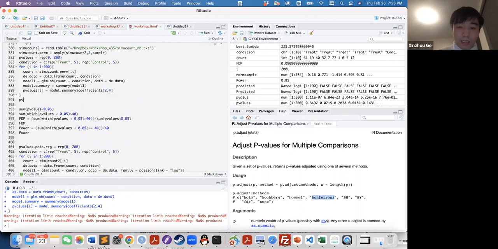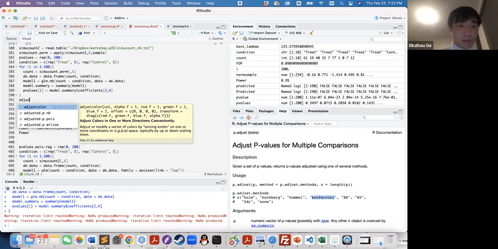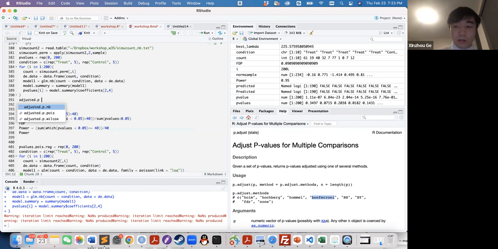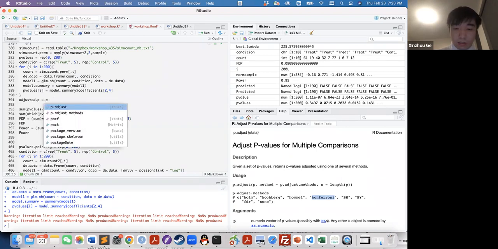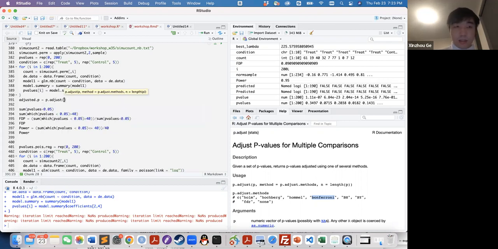So the adjusted p equals p.adjust of the p-values with method equals BH.